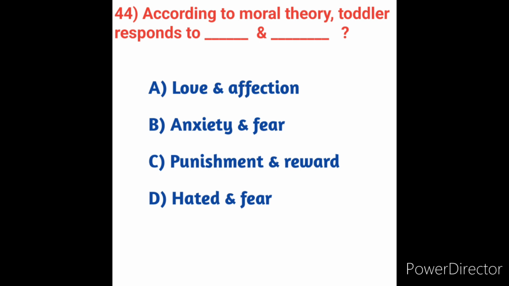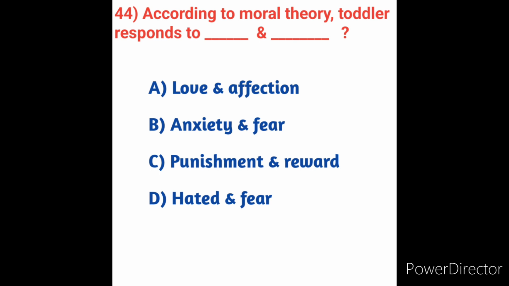In moral theory, we have 3 stages of moral development. The first is the pre-conventional stage, the second is the conventional stage and the third is the post-conventional stage.